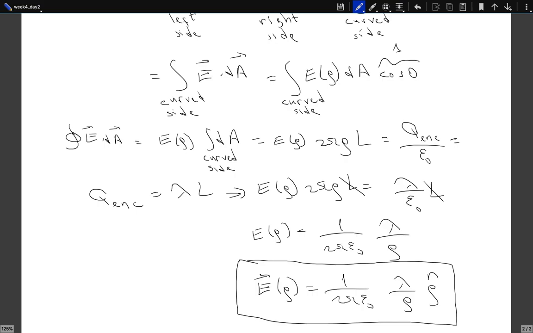Here, whatever point you have, if you want to calculate the electric field vector at a given point, you just multiply this constant by the charge density, it can be positive or negative, divide by the distance of that point from the wire. Rho is the distance of the point where you are evaluating the electric field from the wire. And it is in the direction pointing away from the wire, straight away.